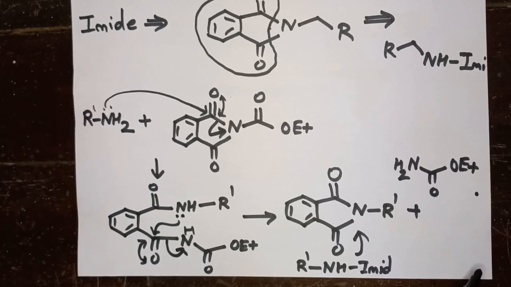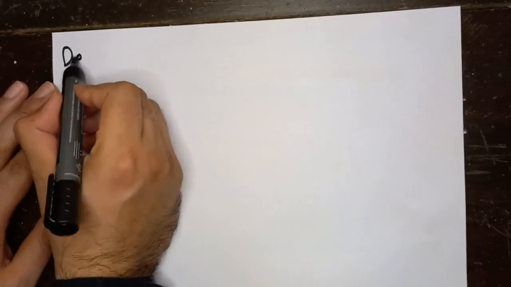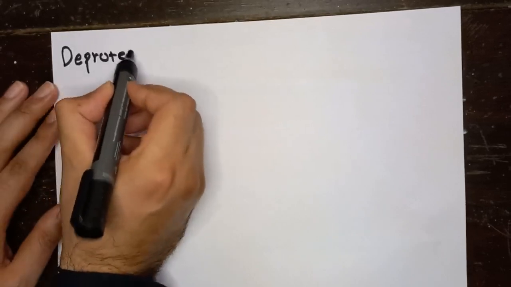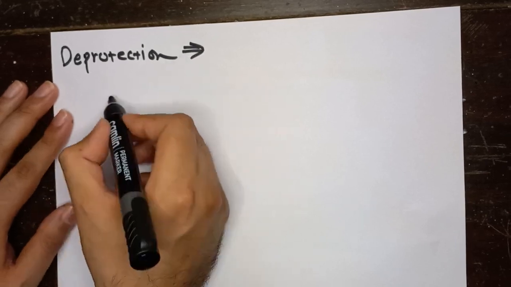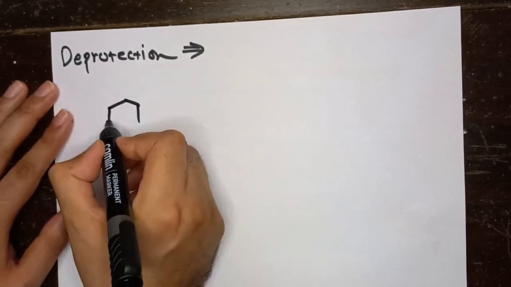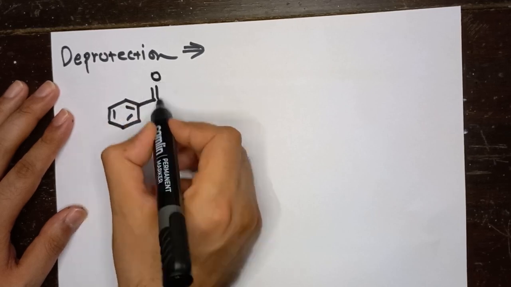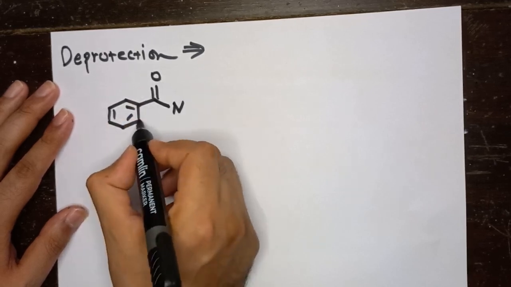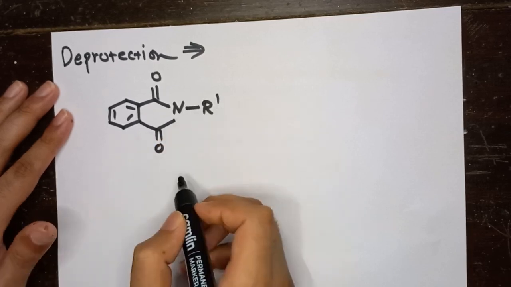Now let's talk about the deprotection. For deprotection of imide, the imide group we have generated is this one.